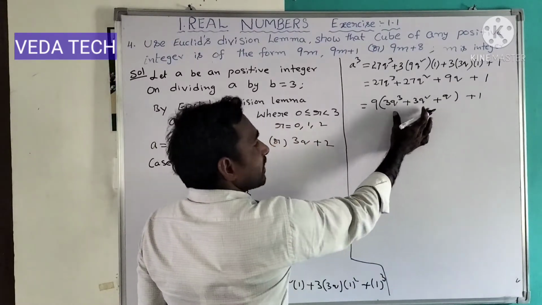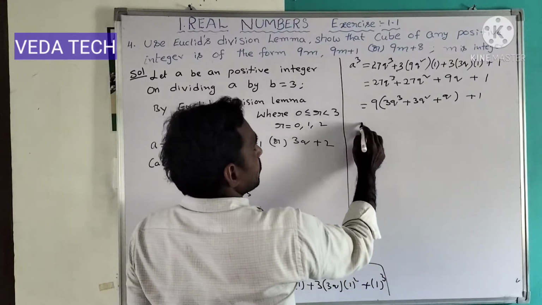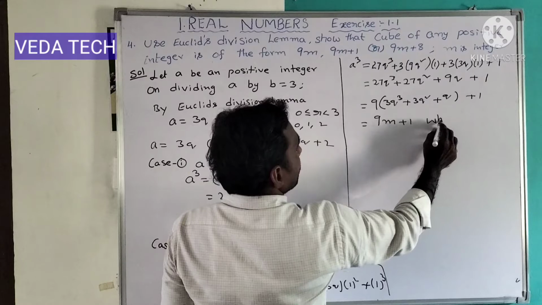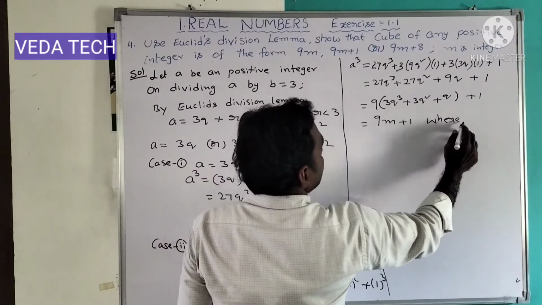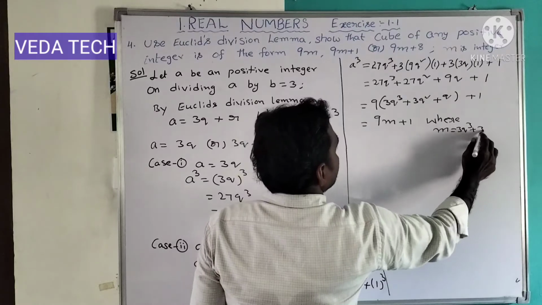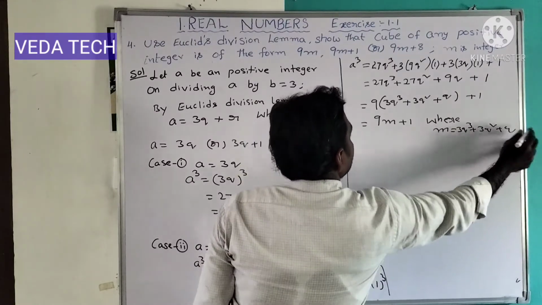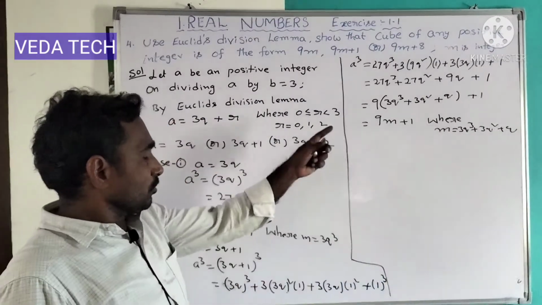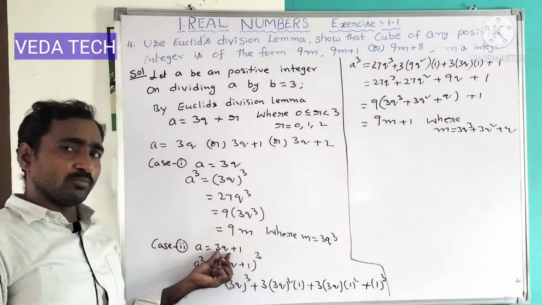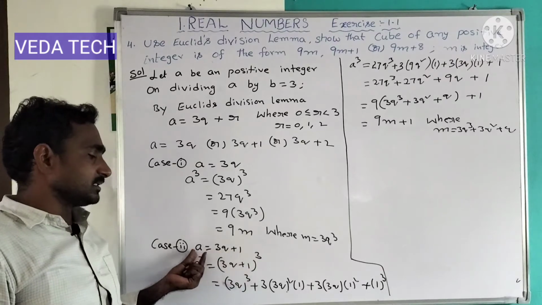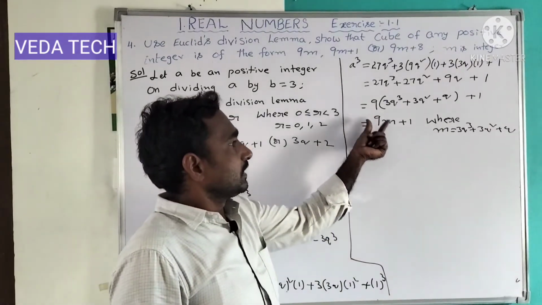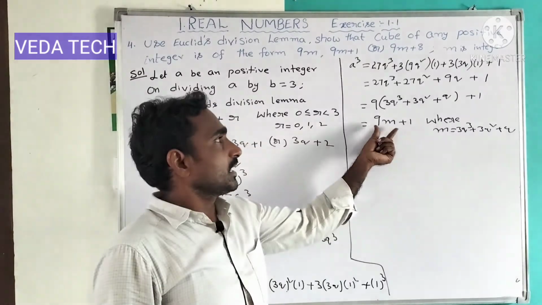Taking the bracket value as m, it means 9m plus 1, where m is 3q cube plus 3q square plus q. So the cube in case 2, if a positive integer is of the form 3q plus 1, then the cube is of the form 9m plus 1.